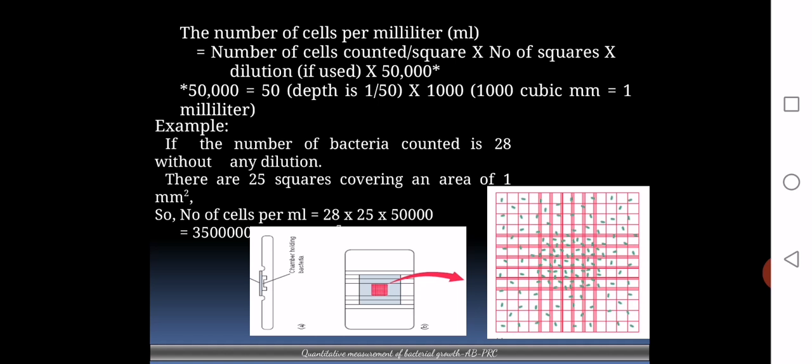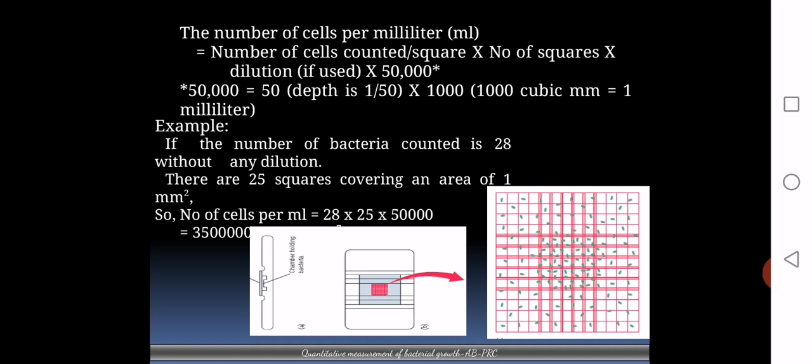So after that you will get a particular number in a square. You can take any square for counting. We have already said that there are 9 squares, 25 squares, 16 squares, so any of the squares can be taken.